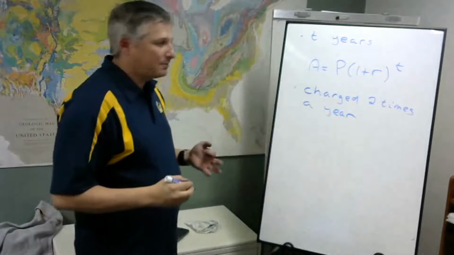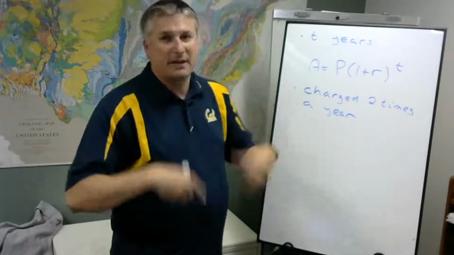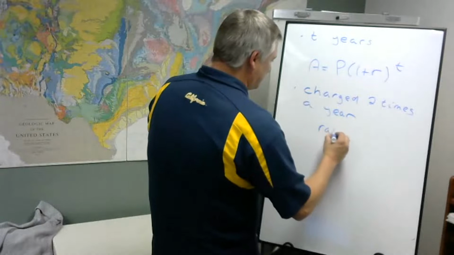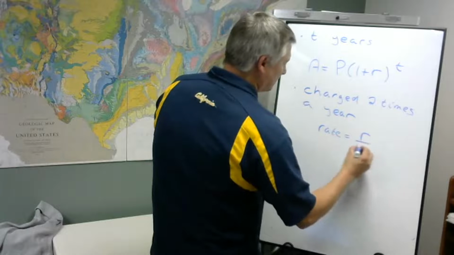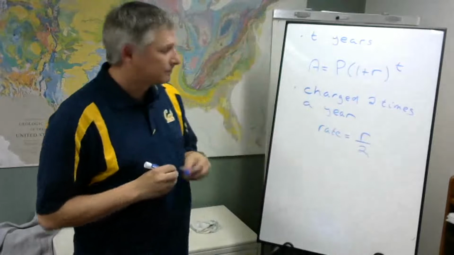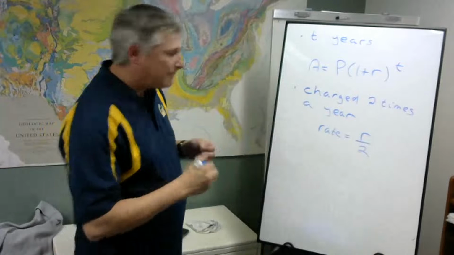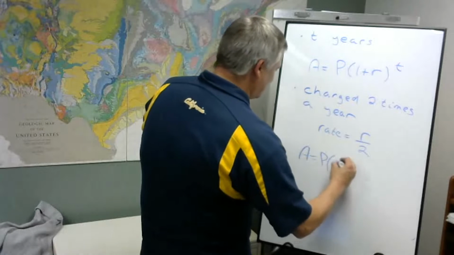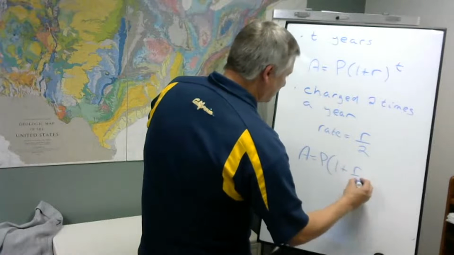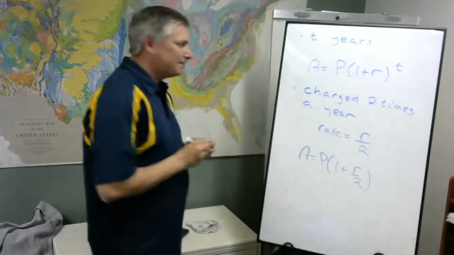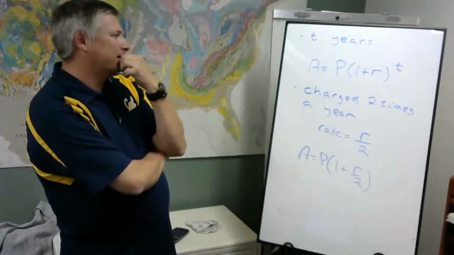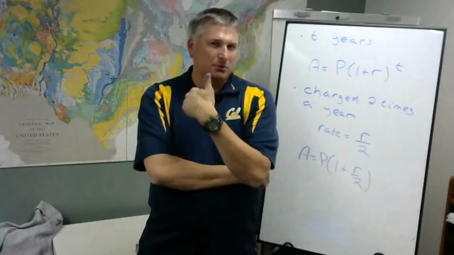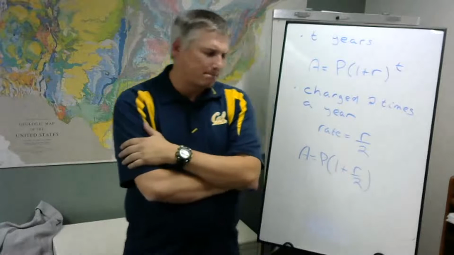So at each time, say at 6 months and then at 12 months, you're going to be charged a rate of R divided by 2. So that means our formula becomes P(1 + R/2). And what happens here is we're being charged interest twice in this 1 year.